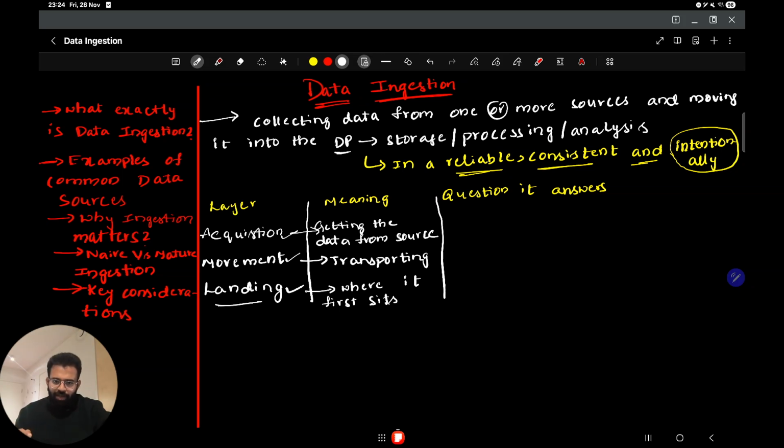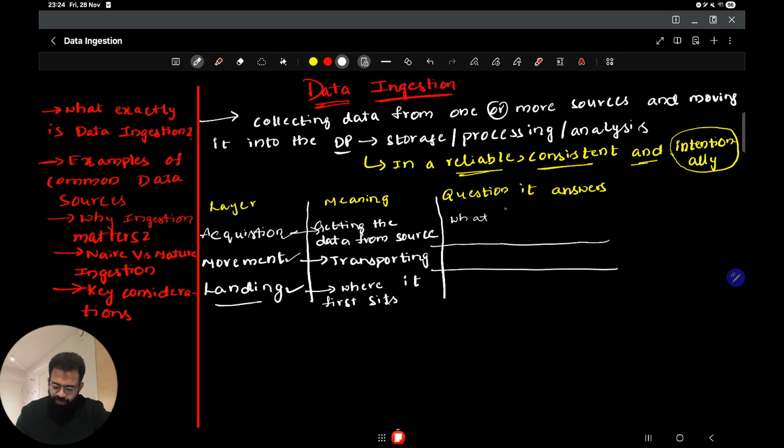And these 3 layers answer 3 different questions. If we talk about acquisition, one thing we need to answer is what kind of data we need, and how do we extract it.